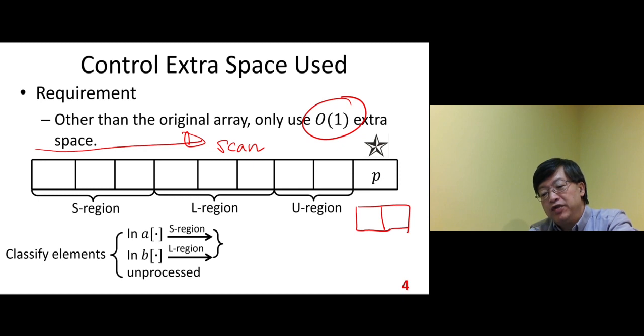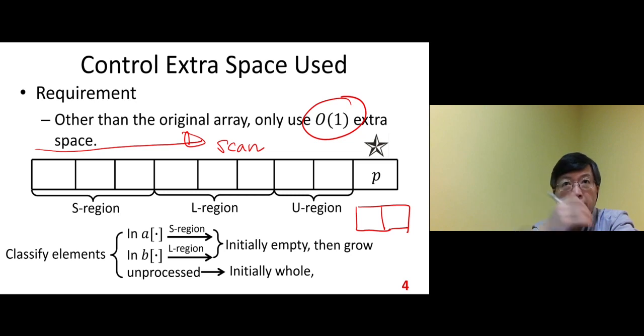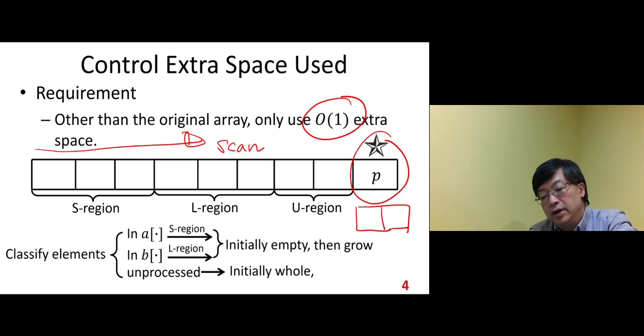For the S region and L region, they're initially empty when we start. Then we grow these two regions by adding elements one by one. But for the U region, unprocessed, initially all the elements except the pivot are in that region.